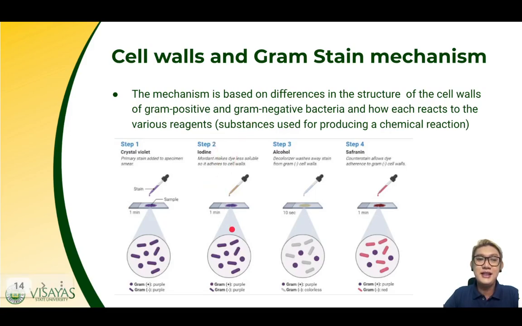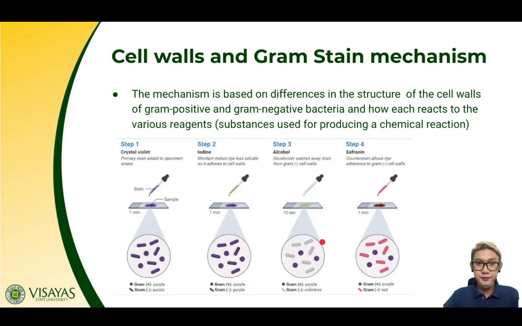Inside the peptidoglycan layer, the iodine binds with the crystal violet, so they form a crystal structure. So when you wash the stain, it will not be washed out, because it is trapped inside the peptidoglycan layer. Now, alcohol is applied as a decolorizer.